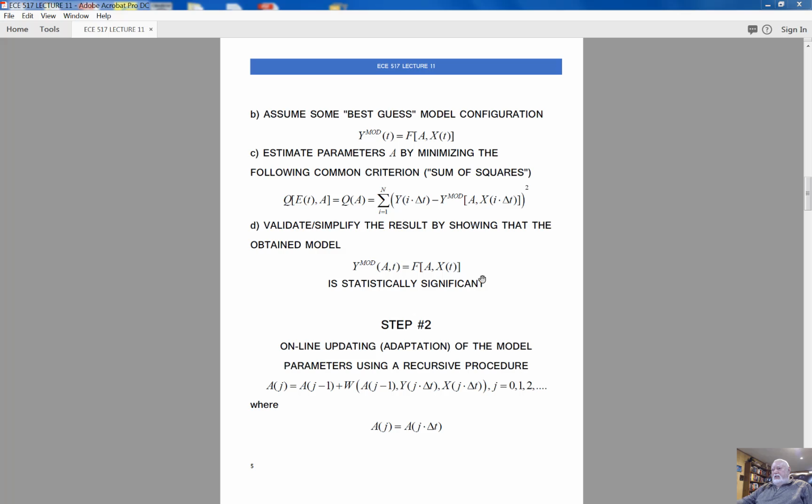Now let's take a look at step number 2. Step number 2 implies that we have to perform online updating of the base model. And what we do, we actually update parameters of the model using some recursive procedure.